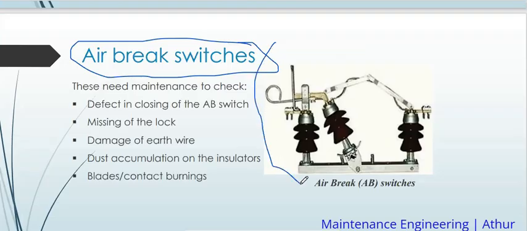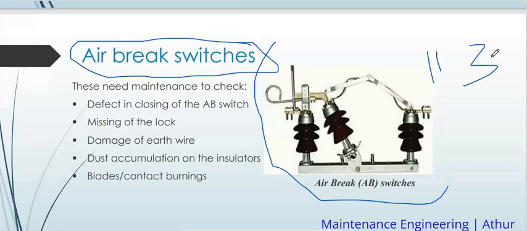This one helps in isolating HV, that is 11 kV or 33 kV. If you want to know this air brake switch, when you are coming out of our gate and reaching the main road, on your right hand side, it is there. It is like a small transformer up there.